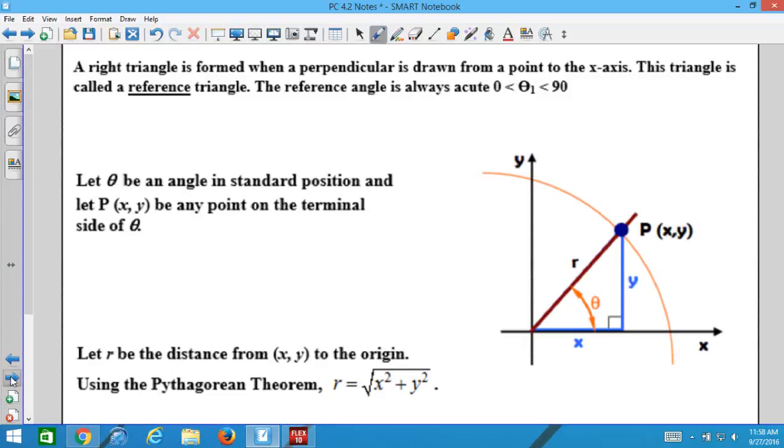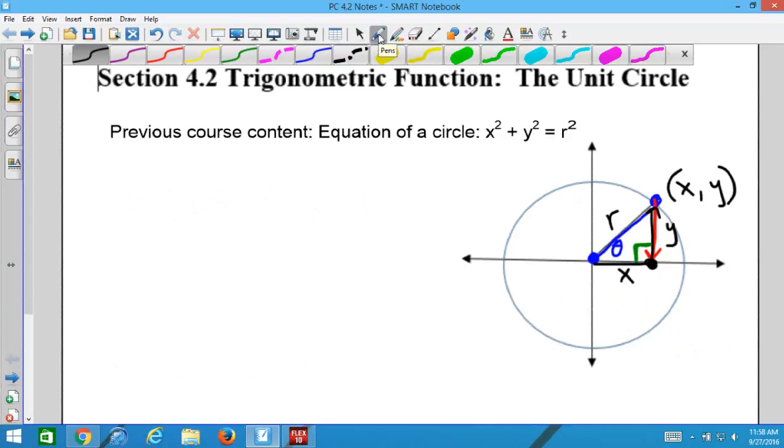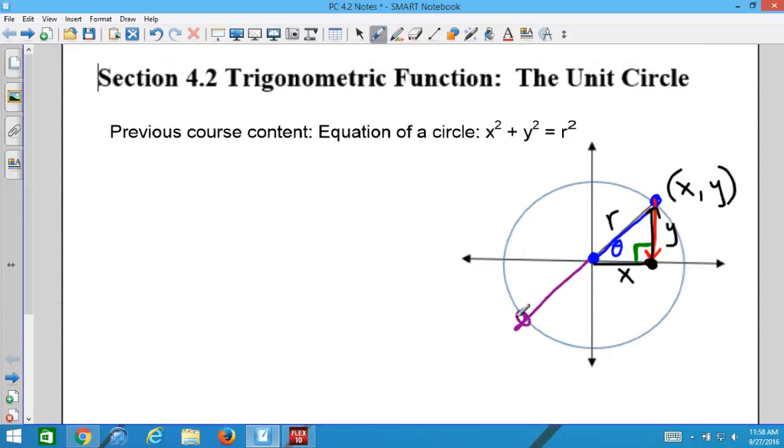One more thing from this first example. Sometimes the terminal side is somewhere other than the first quadrant. The terminal side might be in the third quadrant.